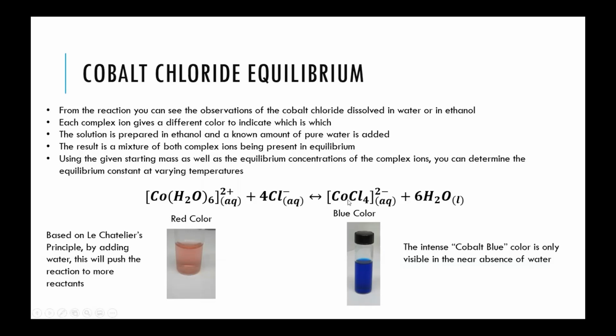There is also the cobalt ion bound to 4 chloride ions, and that will give a blue color. This is where the intense color cobalt blue comes from. This is only visible in the absence of water. Water itself is part of this equilibrium reaction.